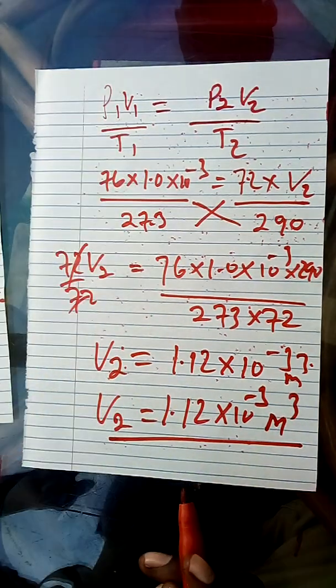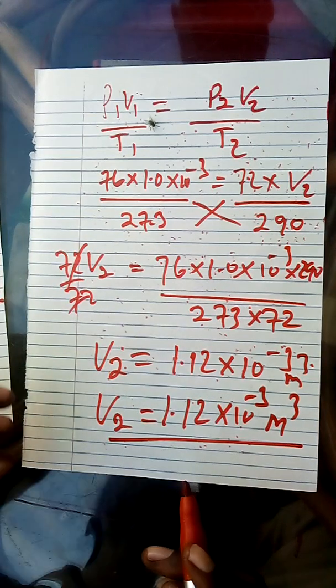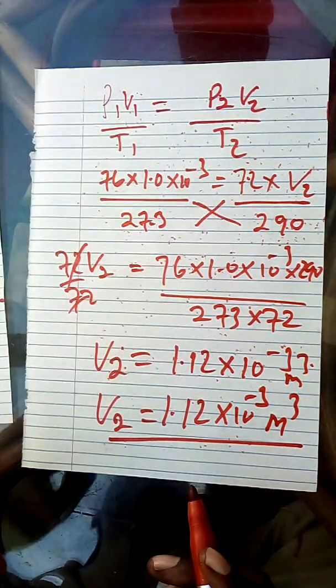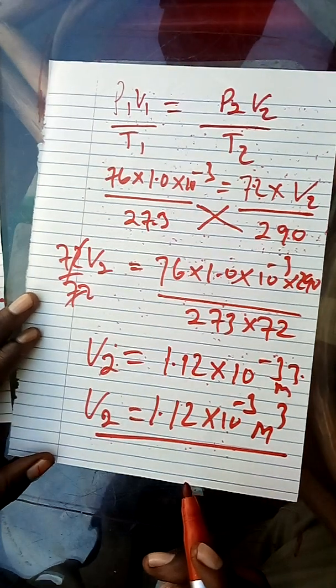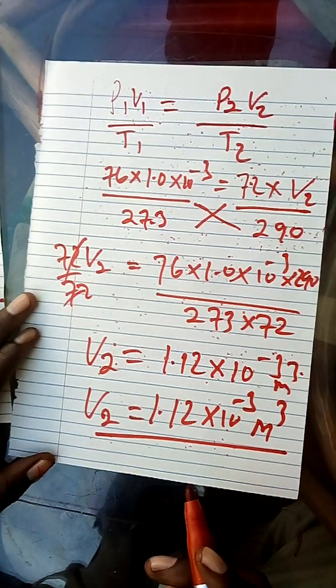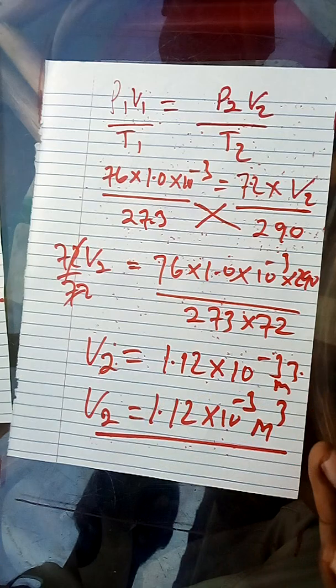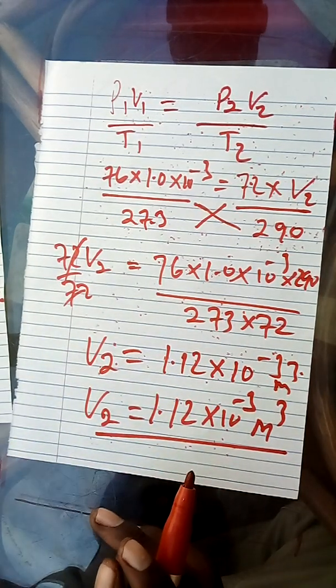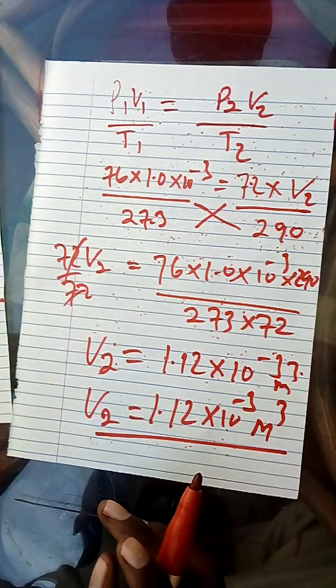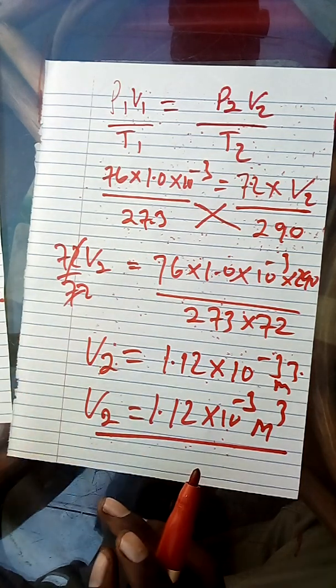We have used the general gas equation because all of the factors are varying. If both of the factors are varying, you must use the general gas equation. If you find there is a variation between volume and temperature, that is Charles' law.